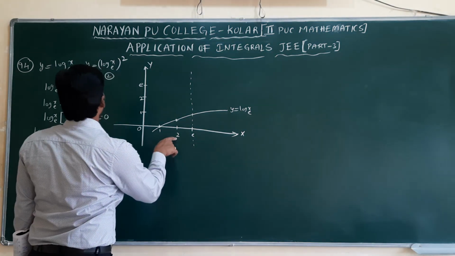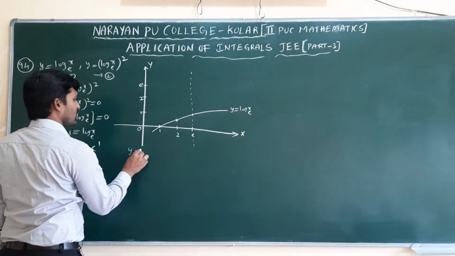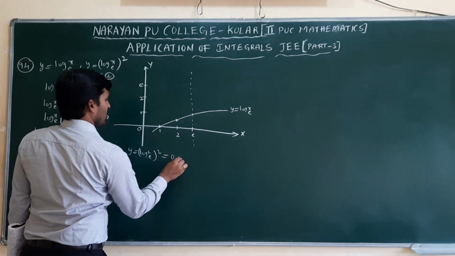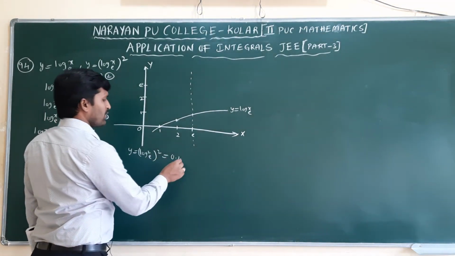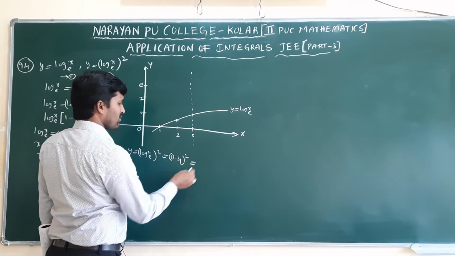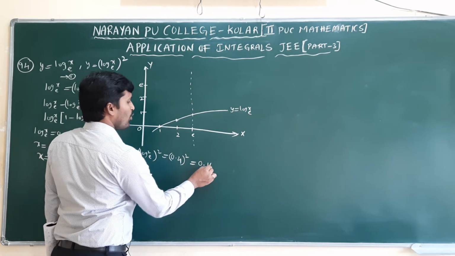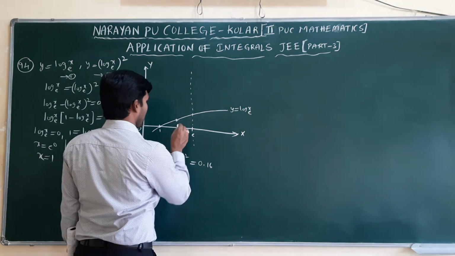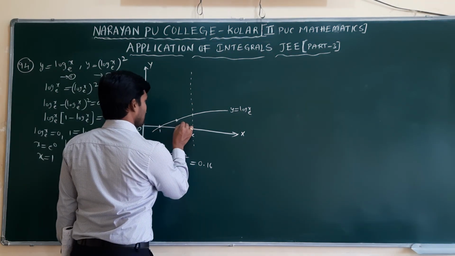Now if you take 2, y is equal to log 2 base e whole square. 0.4 whole square, what will you get? 0.16 you will get.